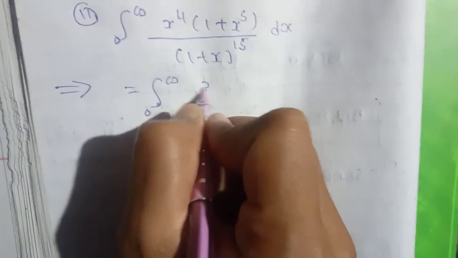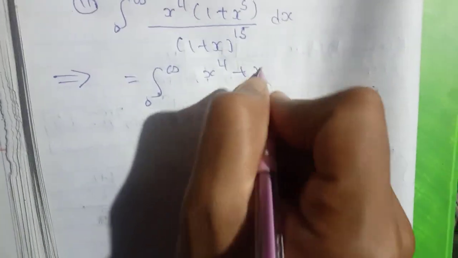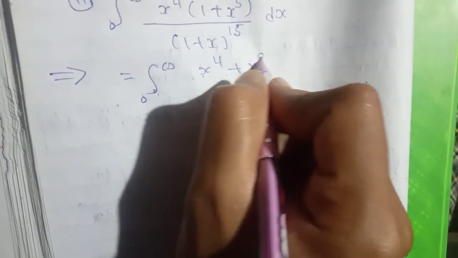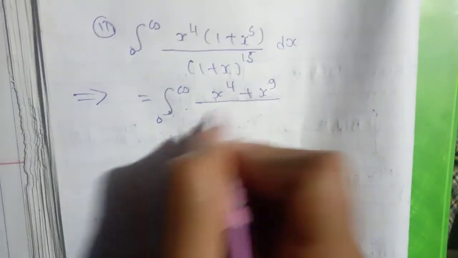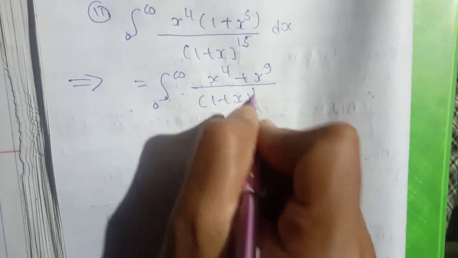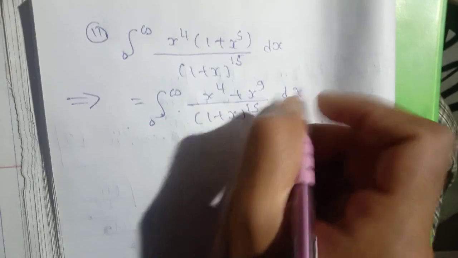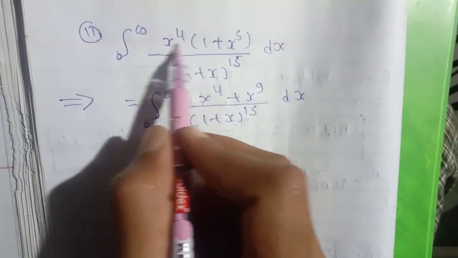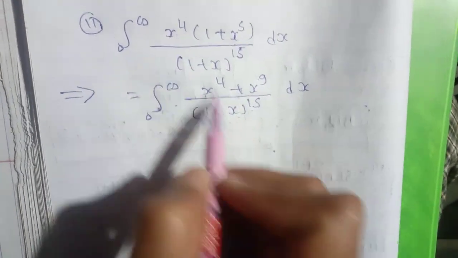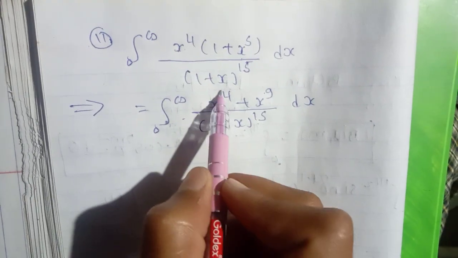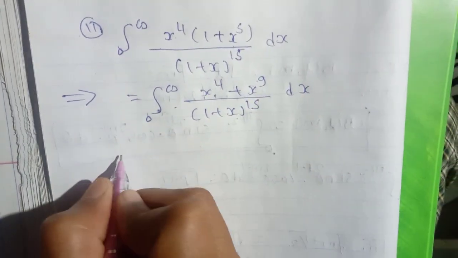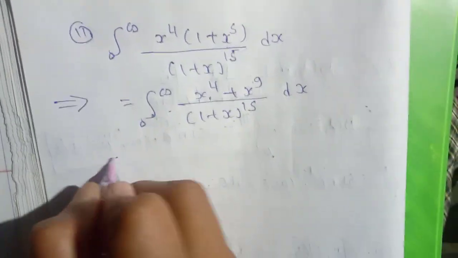We have to solve the integration 0 to infinity of x raised to 4 plus x raised to 4 plus 5, that is 9, divided by 1 plus x raised to 15. Firstly we multiply x raised to 4 into the bracket, so these are x raised to 4 plus x raised to 9. Then we have to know the formula.